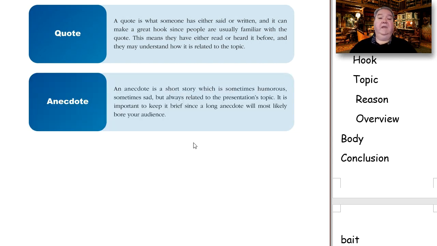An anecdote. An anecdote's a story that has a point. And the idea here is that all of these, whether it's the misconception, a quote, an anecdote, these all are related to your topic. You're using these to introduce your topic in an interesting way.